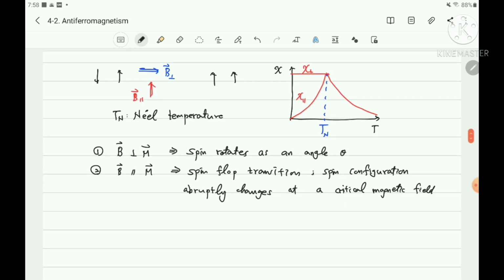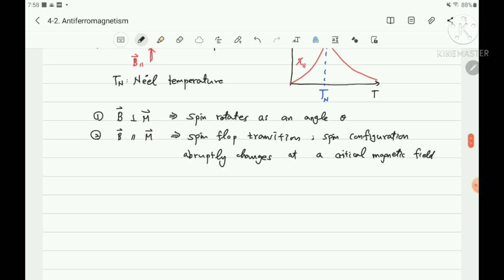Here, let's consider the spin rotated along the field direction with an angle. For example, there is a spin down magnetization and a spin up magnetization. By applying the magnetic field B, the angle of spin up is theta and the angle of spin down is phi.